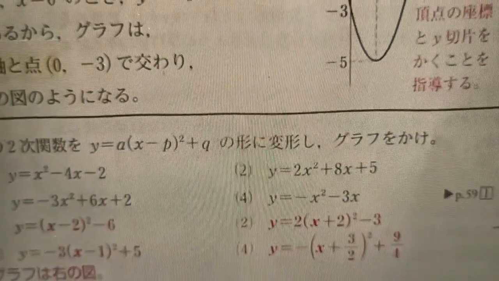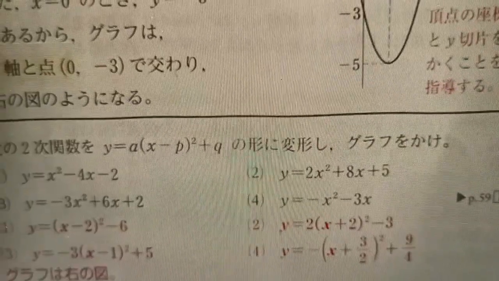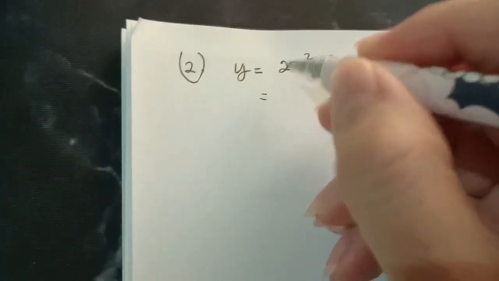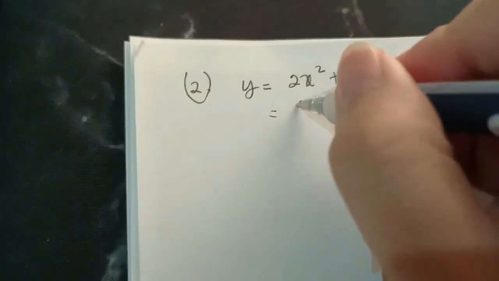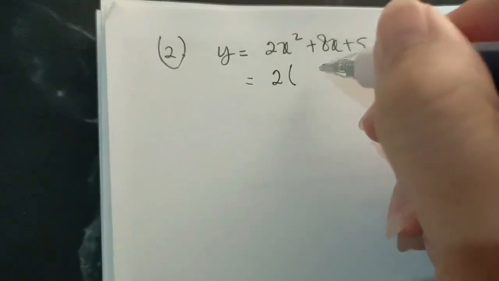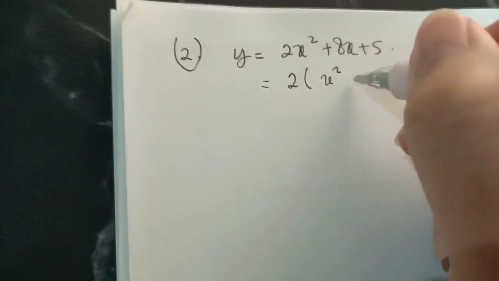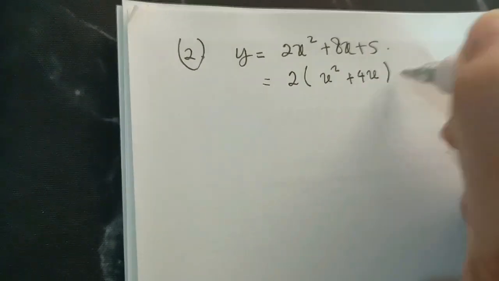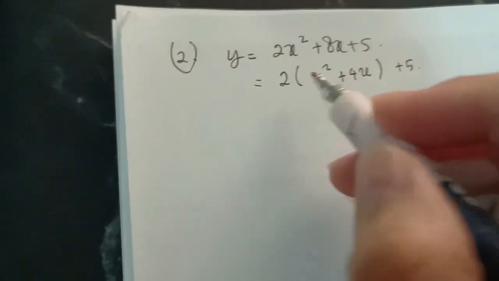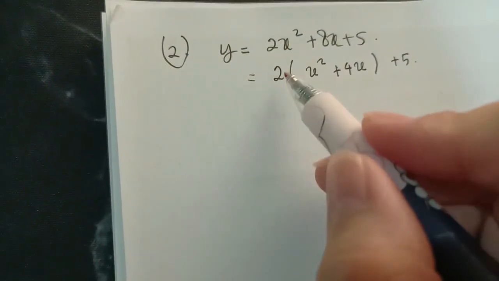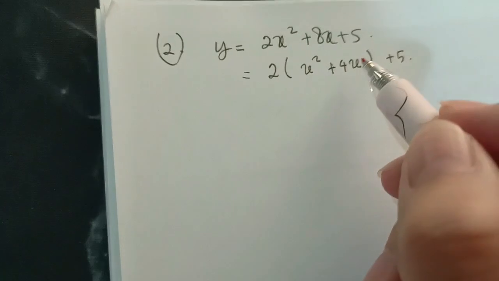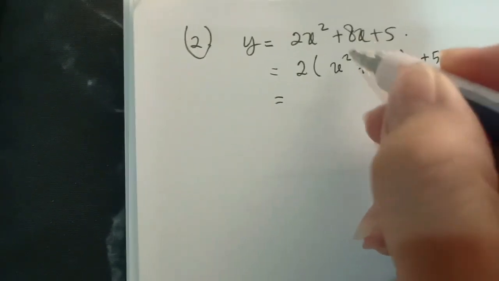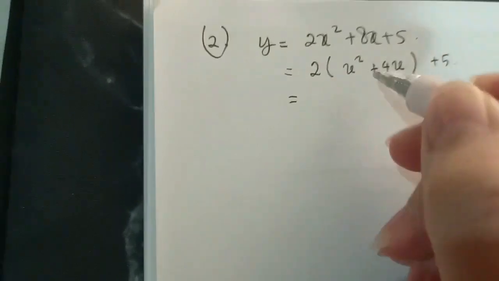Now let's proceed to number 2. y = 2x² + 8x + 5. So we are going to eliminate the 2 first. x² + 4x, plus 5. If we check again, 2x² + 8x, it's correct. Now we are going to change the square over here.